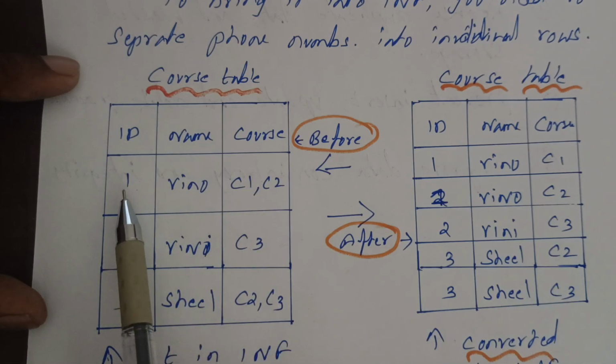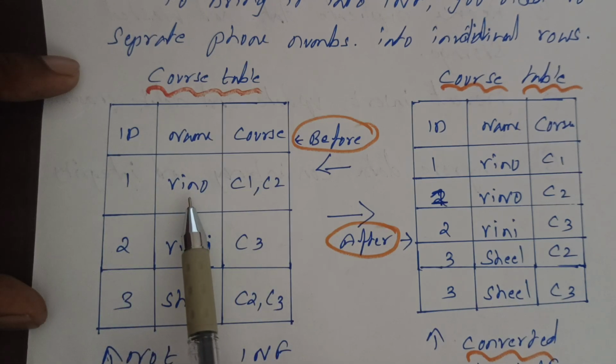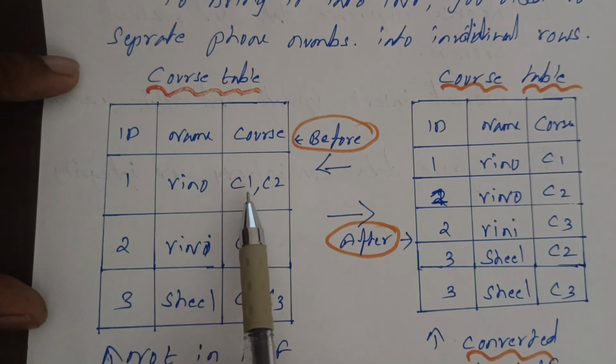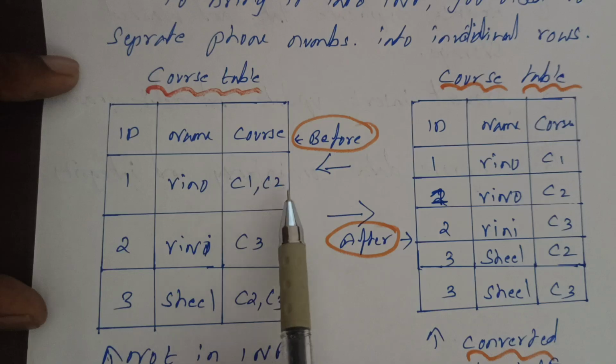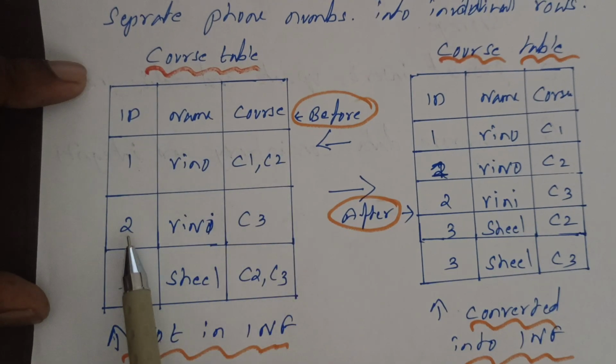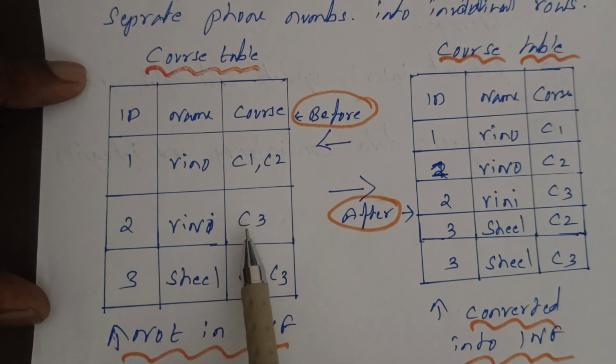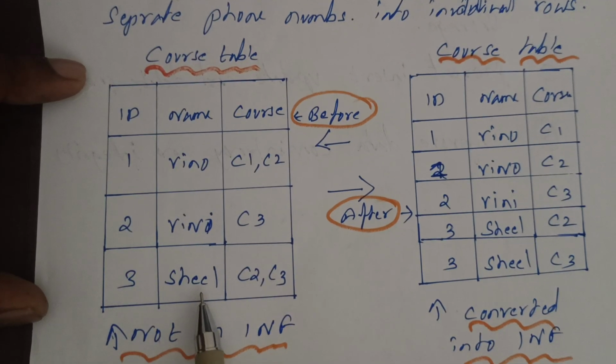Now you can check ID 1, the name of that candidate is Vino, and the courses taken are C1 and C2, that is course 1 and course 2. ID number 2 has a different name, Vinny, and she has taken C3. And number 3, Shield, has taken C2 and C3.